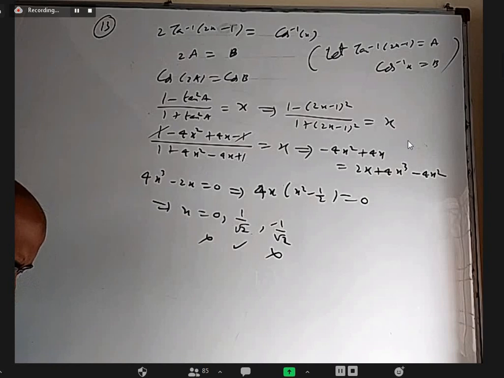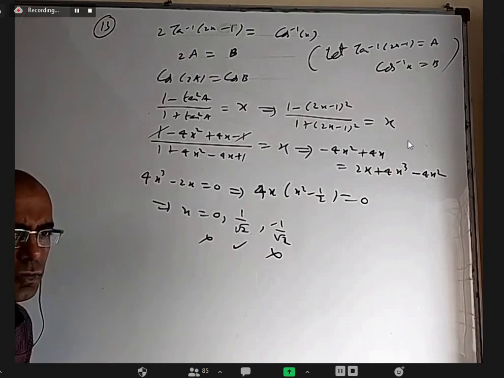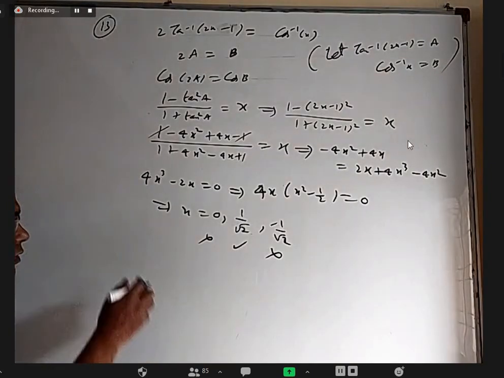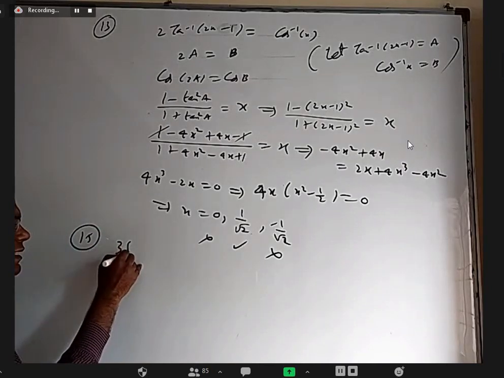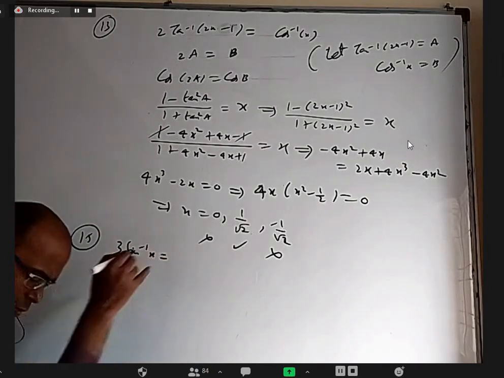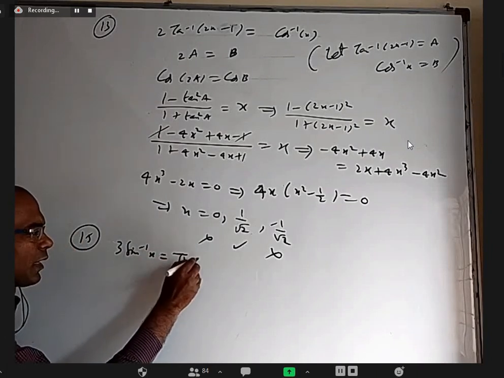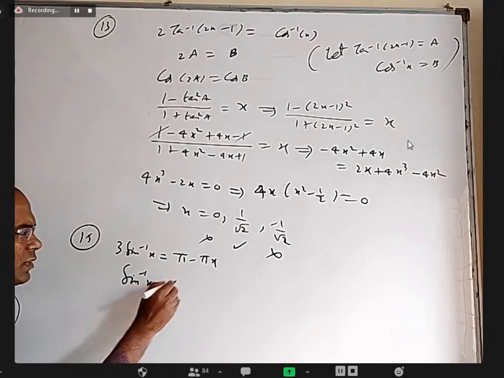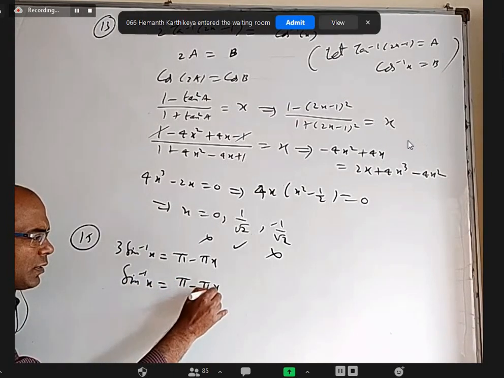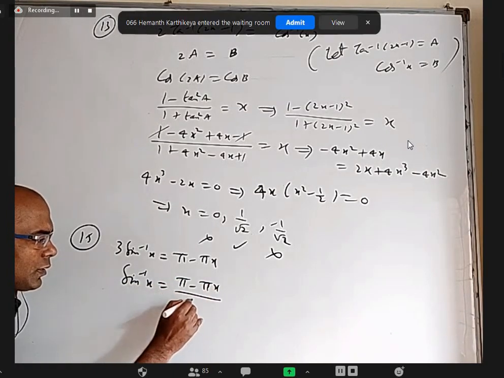It may be the only number of values they want. We can as well do from the graph, I guess. 13, 15th one. 3 sine inverse x is equal to pi minus pi x. Sine inverse x is equal to pi minus pi x by 3.